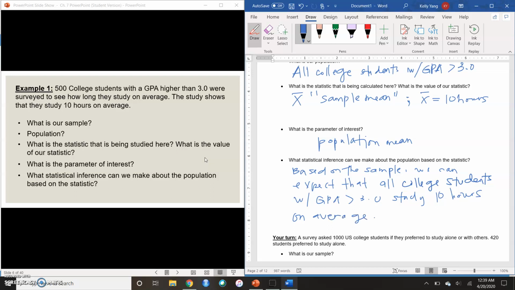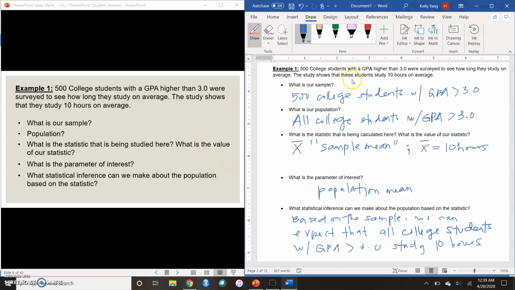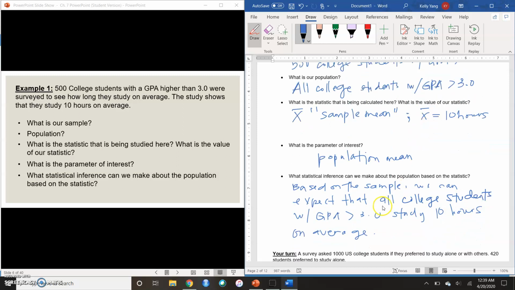So we're using what we know about the sample, and we're making a conclusion about the population.